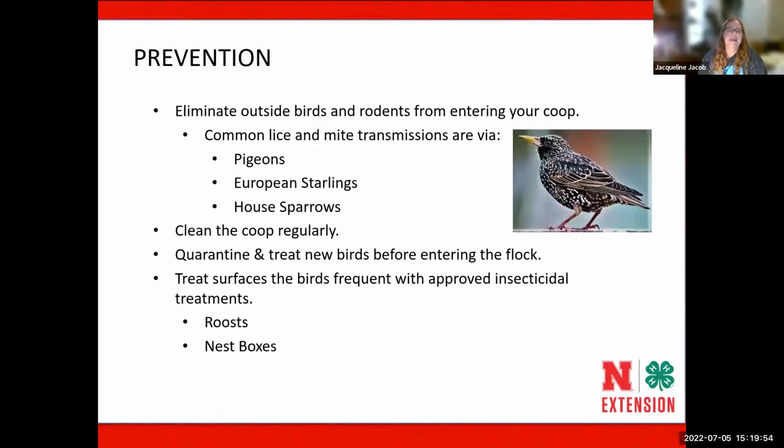As I said, prevention is better than having to treat the birds because of the chemicals involved, even if there are some natural ones from chrysanthemum flowers. It's better to eliminate them altogether.